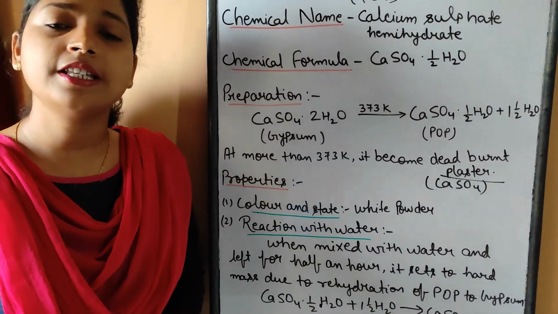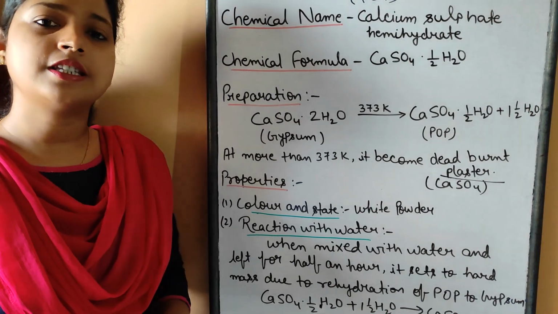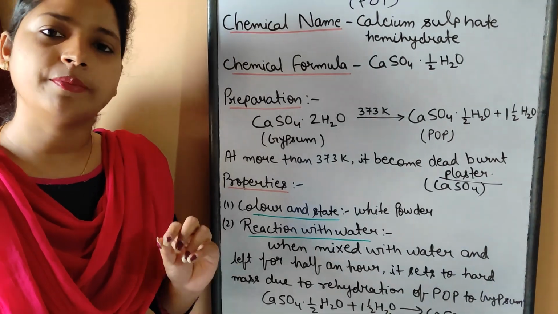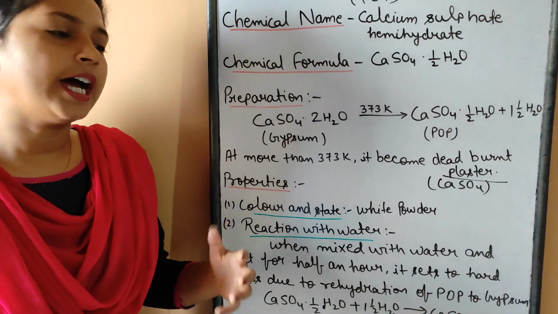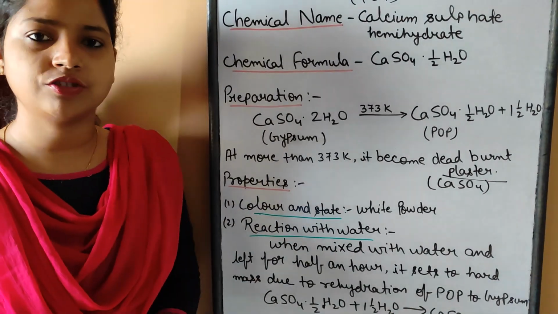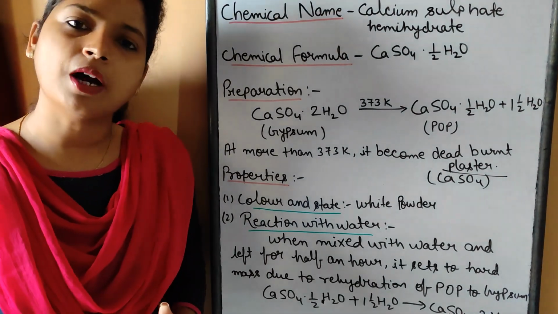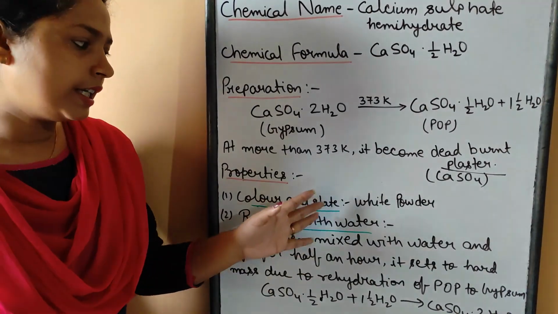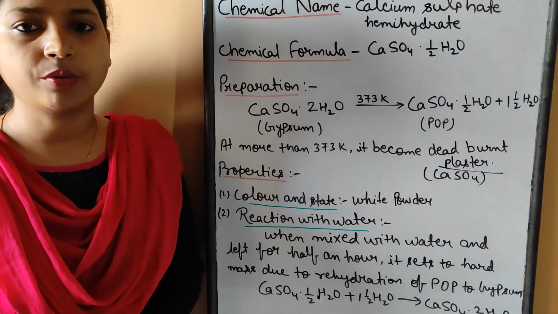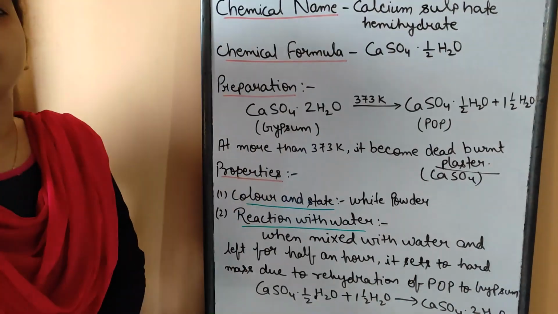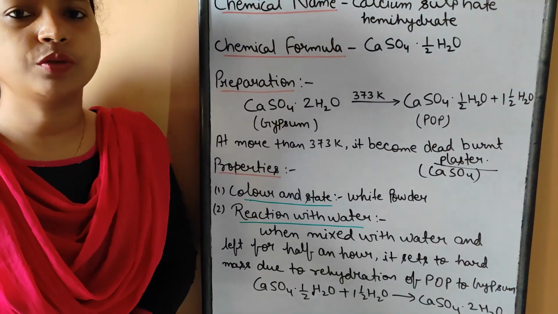First is crystalline, second is amorphous. Crystalline means sand-like appearance and rough touch, and amorphous means powdery touch and smooth appearance. So this plaster of Paris is powdered in nature. So the color is white and the state is powder.